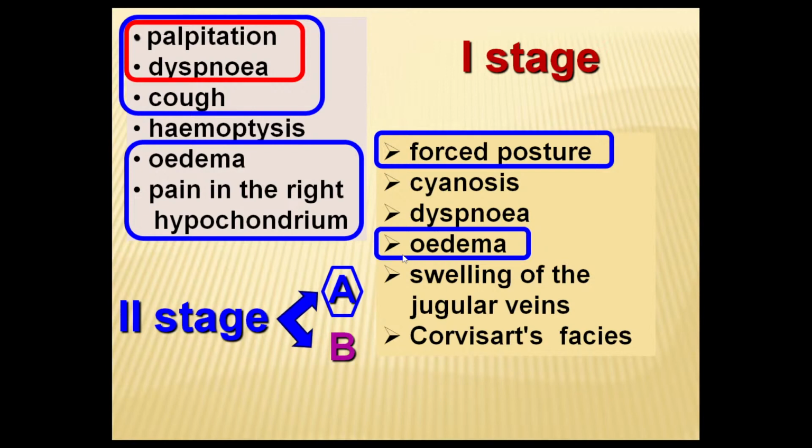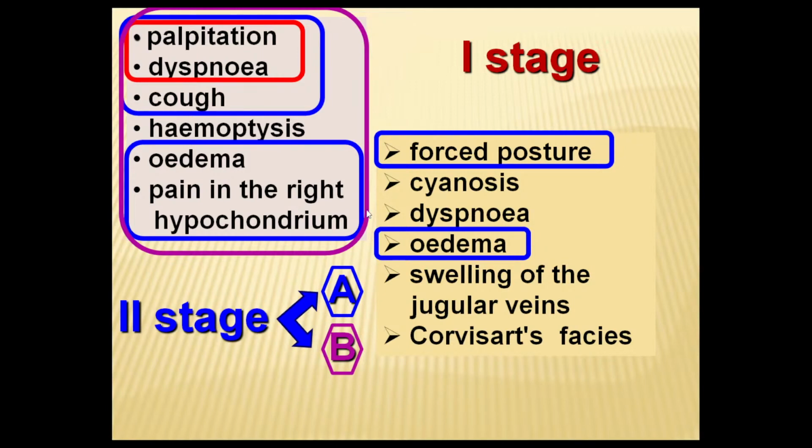Second stage: only one circulation involved, only lesser or only greater. Stage 2B: both circulations are involved in the pathological process. The patient complains of all problems, and these problems appear at rest or with insignificant physical exercise.